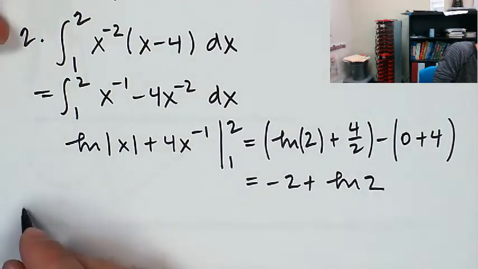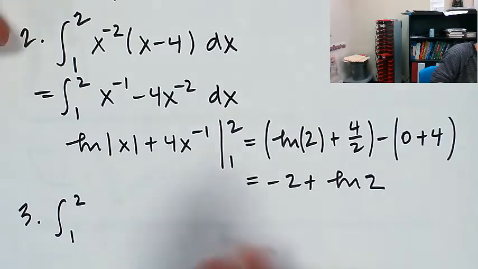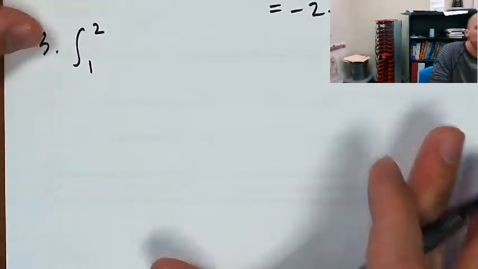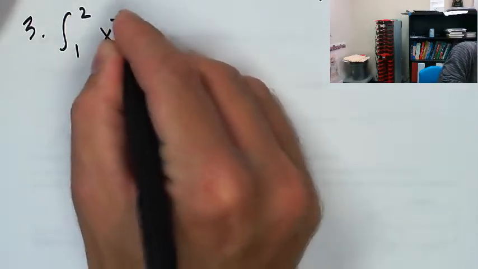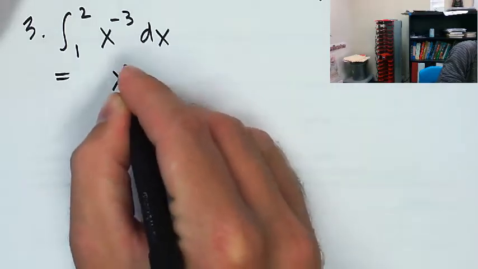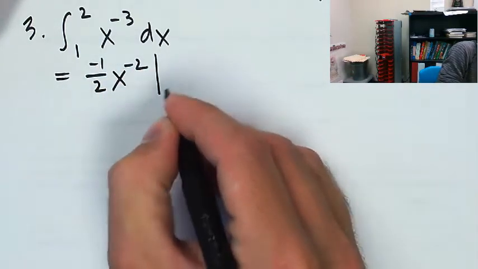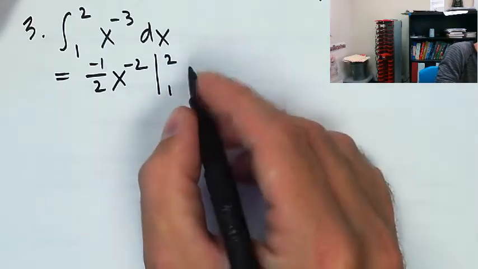All right, number 3. Integral from 1 to 2 of x to the negative 3 dx. I'm going to add 1 to the power, divide by the new power, and evaluate that between 1 and 2.